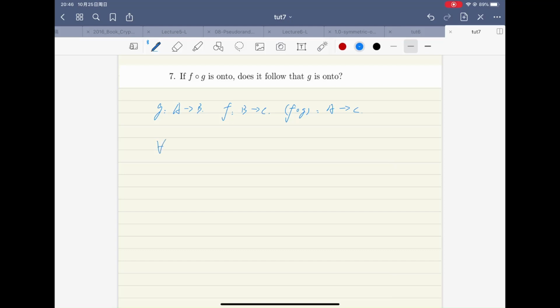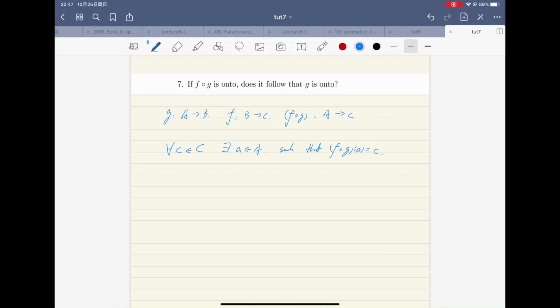So for all c belonging to the codomain C, there exists a belonging to A such that f composite g(a) equals c. To make it clearer, I will draw a diagram here.